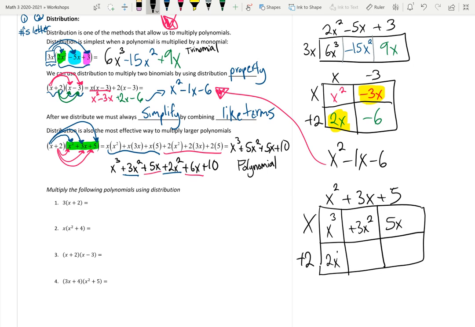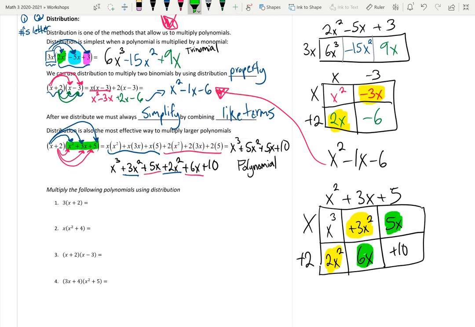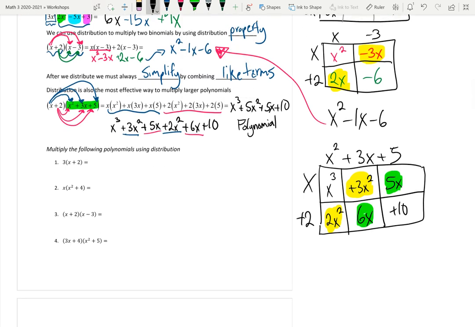Here this becomes 2x squared. Here this becomes 6x and 10. And voila, I can combine, just like I was doing before, some of my like terms. So these 6 pieces of information get simplified to be... not 5x plus 10. And I just noticed an error. I'm going to just squiggle this guy out.